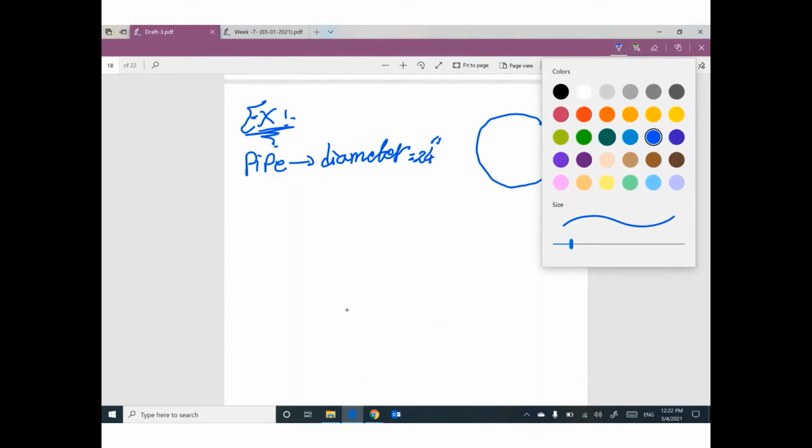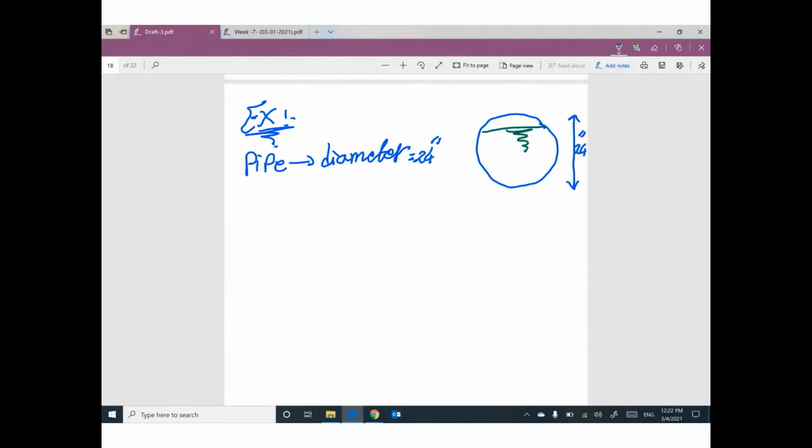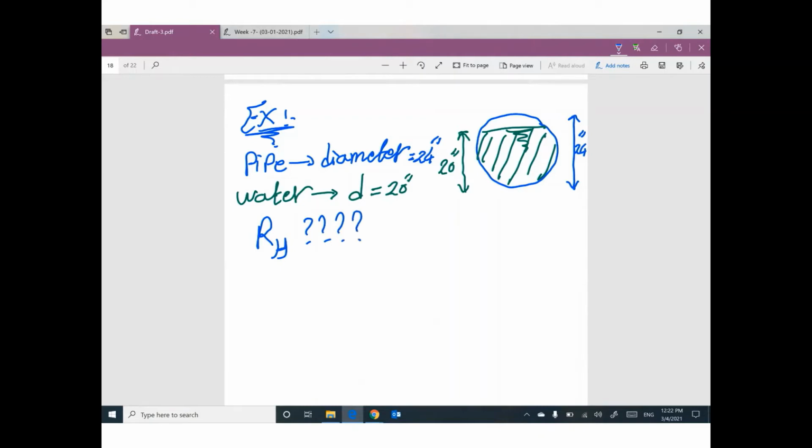And there is water inside this pipe with depth equal to 20 inch. We learned how to figure out this area. No, I will not ask for the area. I will ask for the hydraulic radius. What is the hydraulic radius?